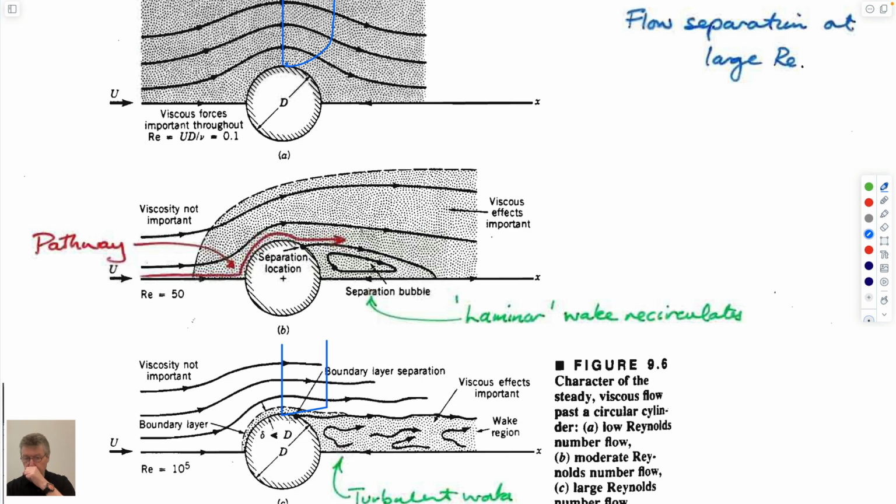So it's the reason for golf balls being dimpled. The Reynolds number at which you go turbulent is, as you know, controlled by roughness for pipes. Same for structures.